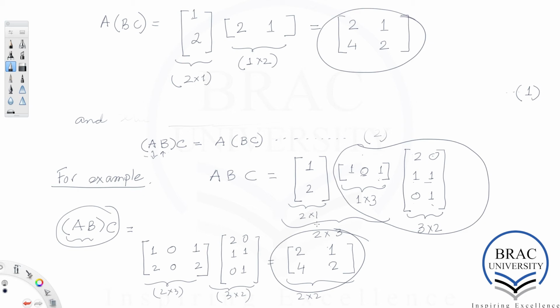So scalar multiplication is compatible with matrix multiplication. What do I mean by that? Let me erase everything here.